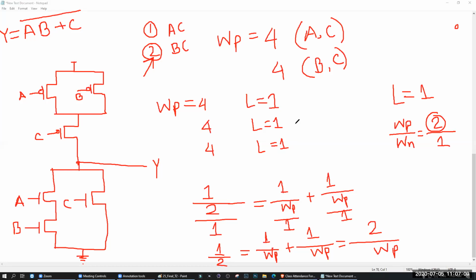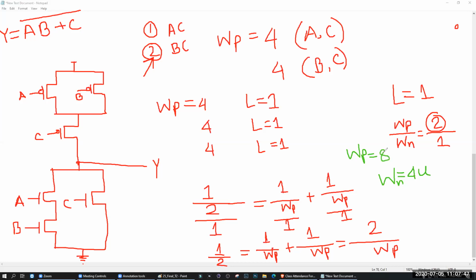What is that? Remember your coding. So if your W for NMOS was 4 micro, right? It was 4 micro, right? Now your WP will be what? It was WN for 1. It was 4. See, how much it would be?